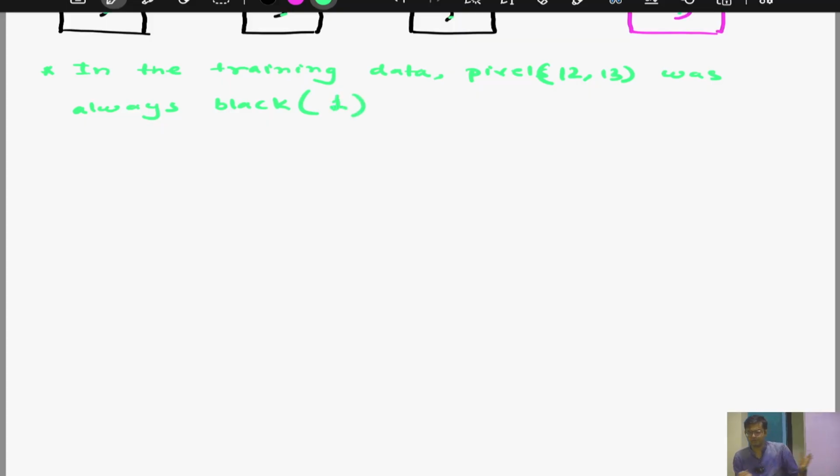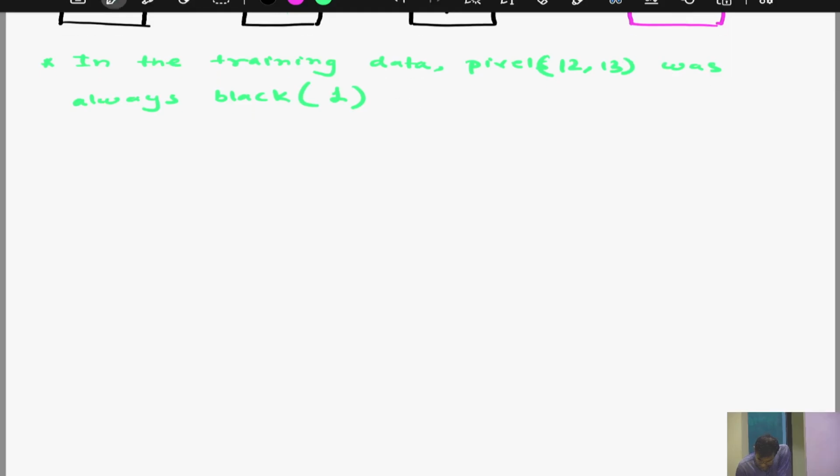Black means 1 and white means 0, that is the notation I'm using.